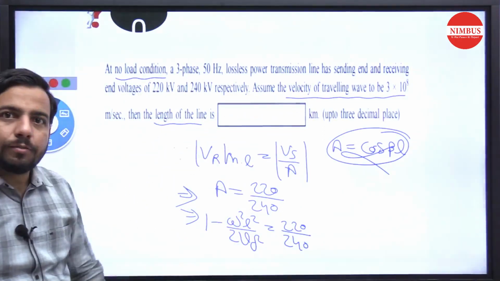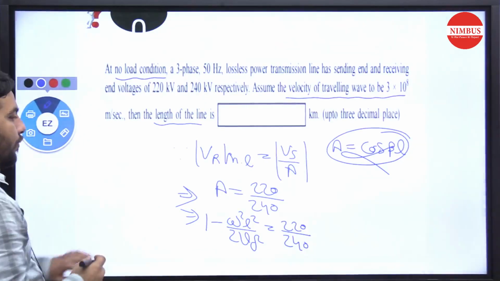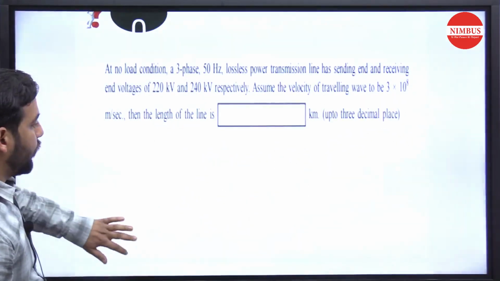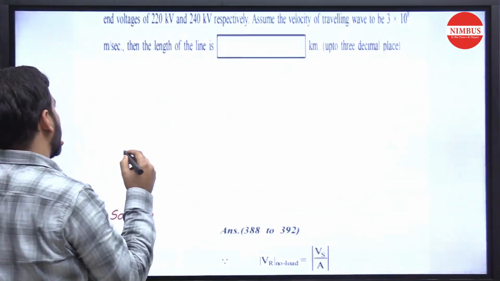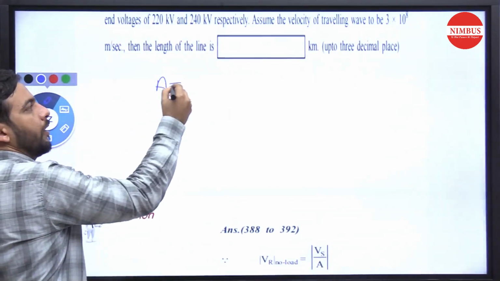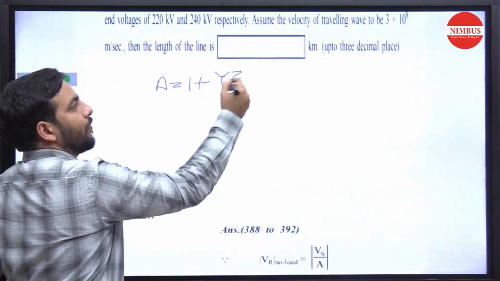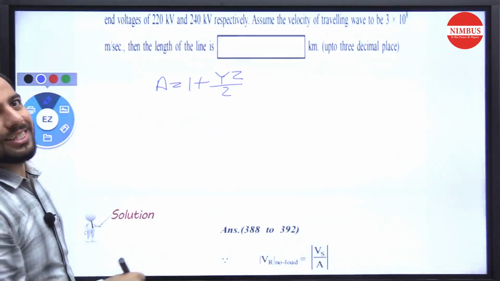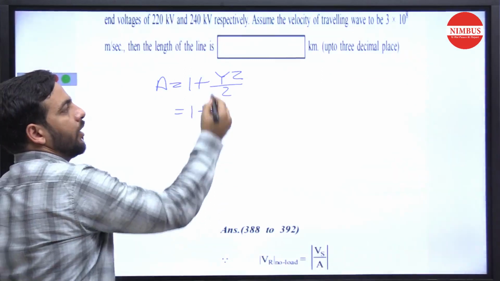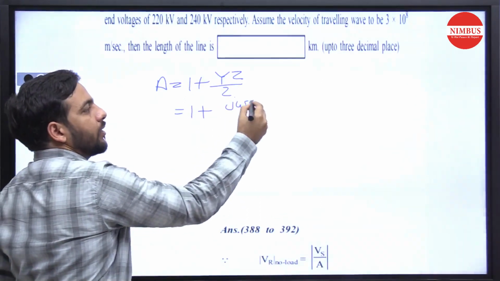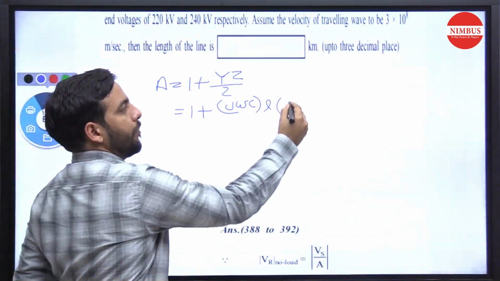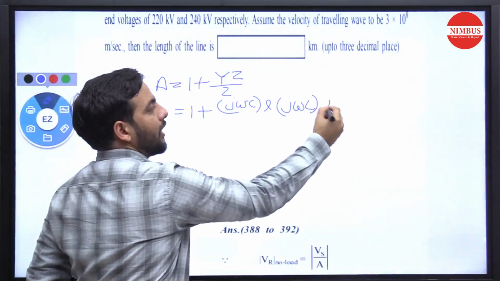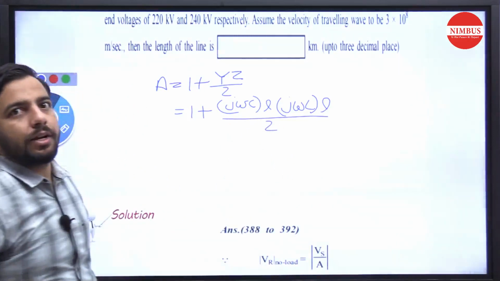From where has this formula been derived? So listen very carefully. For the formula of A, the actual formula is 1 plus yz by 2. Here it is the lossless line. For the lossless line, y is only j omega C, multiplied by L, the total shunt admittance, and the series impedance will be j omega L, multiplied by the length, all divided by 2.